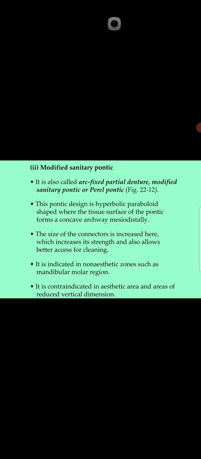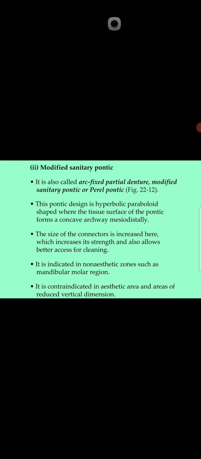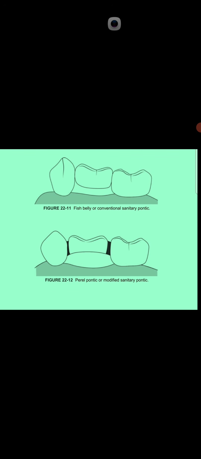The size of the connector is increased here, which increases strength and also gives better access for cleaning. It is indicated in non-aesthetic zones such as the mandibular molar region. It is contraindicated in aesthetic areas and areas of reduced vertical dimension. Remember, if there is an area of reduced vertical dimension, again it is contraindicated.